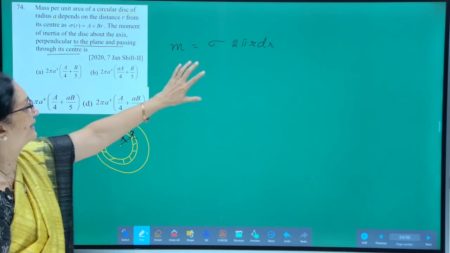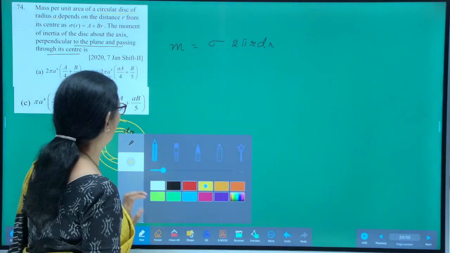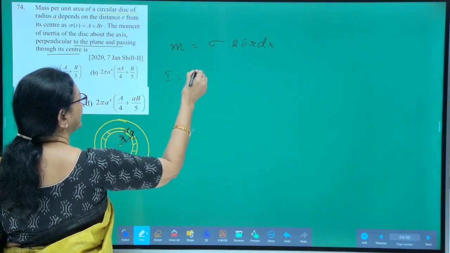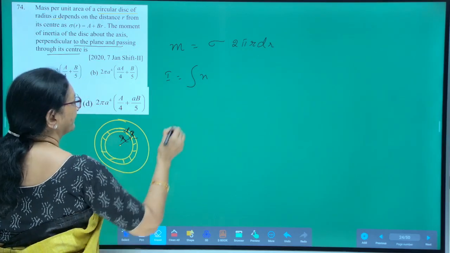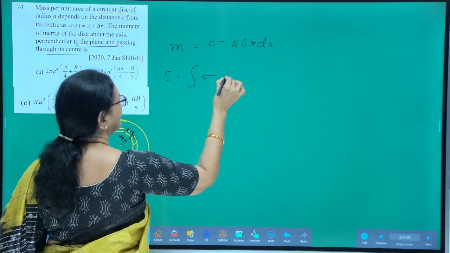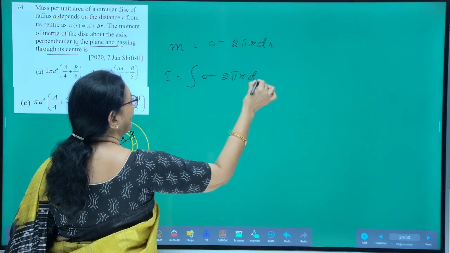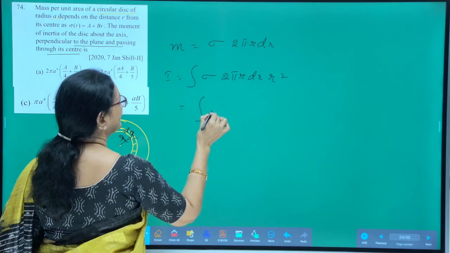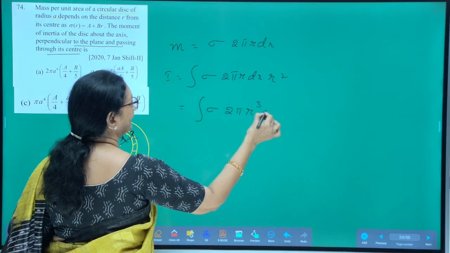So, for that element, area is 2 pi r dr. So, mass of that element is sigma 2 pi r dr. Moment of inertia is integral m r square, isn't it? In place of m, let us write sigma 2 pi r dr into r square. So, this is sigma 2 pi r into r square, which is r cube dr.